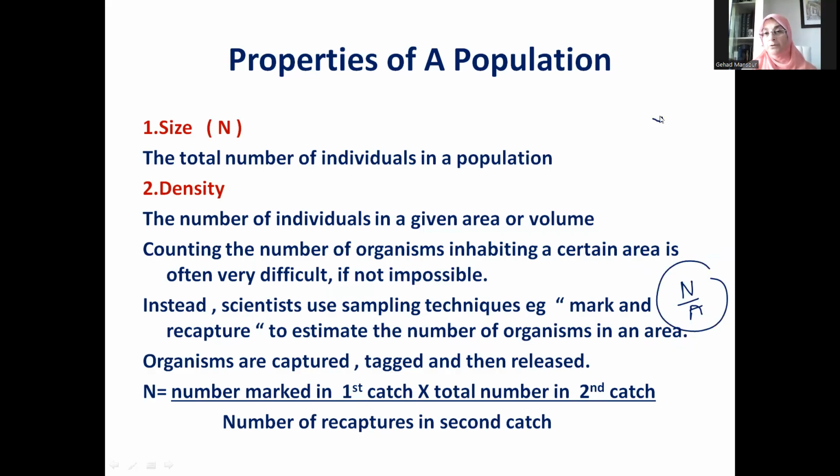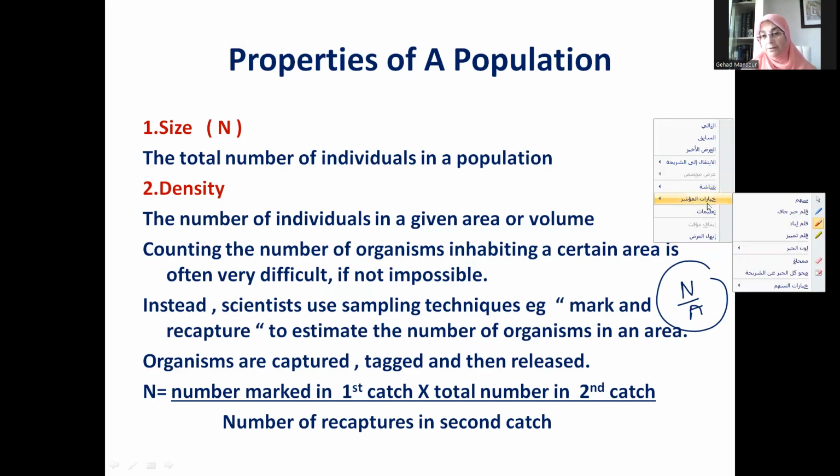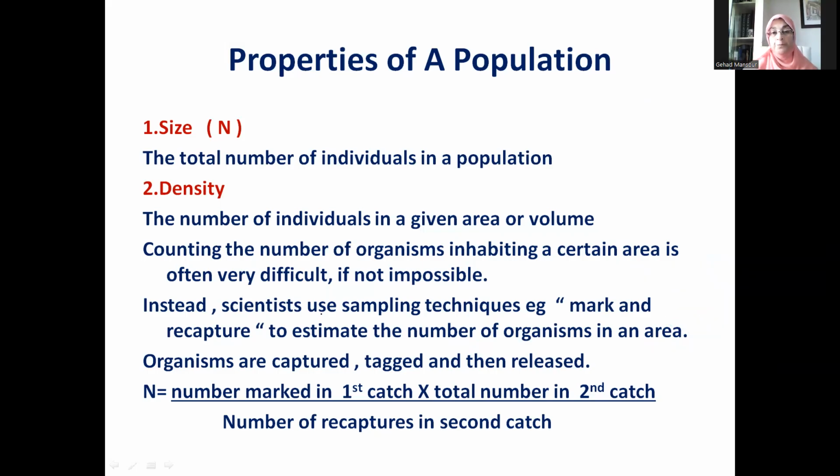So how do scientists do this? Of course, the area will be known. The area of a particular place they are considering will be known, and they have to determine the number. So they use a technique that is called mark and recapture.